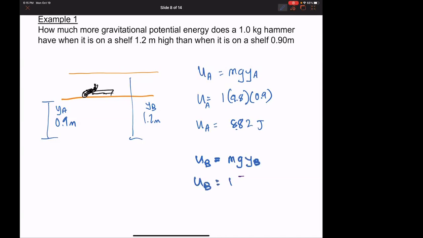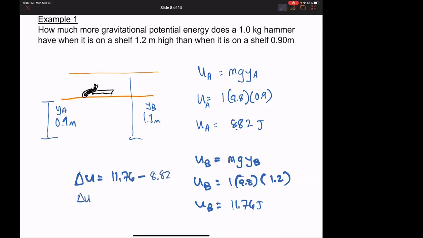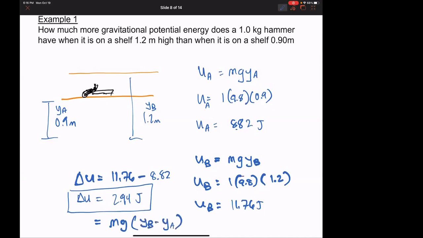UB equals 1 times 9.8 times 1.2, which is 11.76. So delta U equals 11.76 minus 8.82, which is 2.94 joules, which is the same thing as saying mg(yb minus ya).